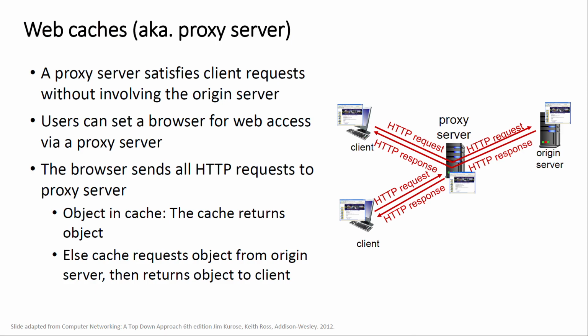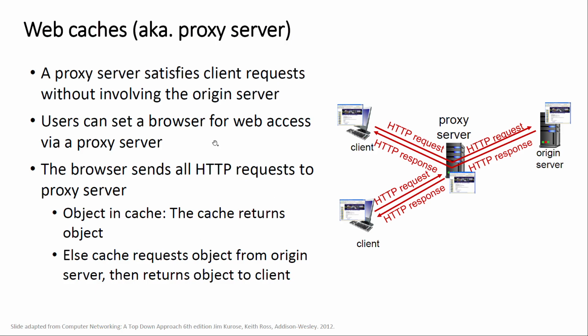How it works is as follows. A proxy server satisfies client requests without involving the origin server. As a client, you send the request to your proxy server. Normally you are trying to get some object from the origin server, but once you send this request to the proxy server, it may already have the object that you want. So instead of communicating with the origin server, it just sends you the object. But if it doesn't have the object, it will go to the origin server, obtain it, and then give it to you.